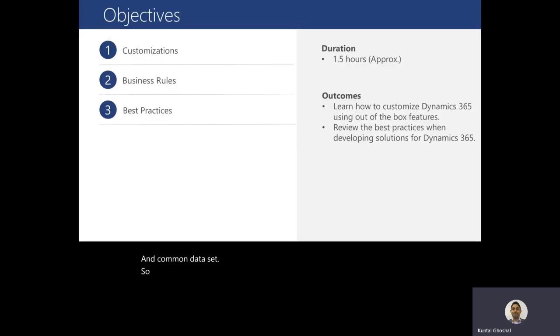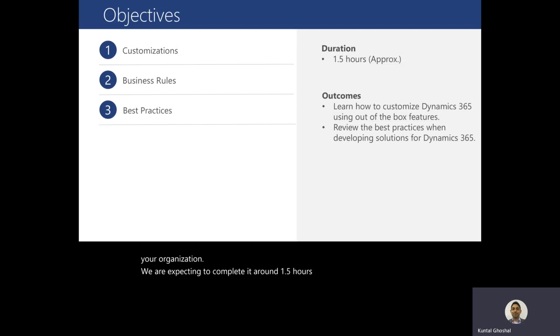So today we will be talking about customizations, business rules, and best practices around developing a customization, which is a basic when you are adopting or creating customization for your organization. We are expecting to complete it in around 1.5 hours.